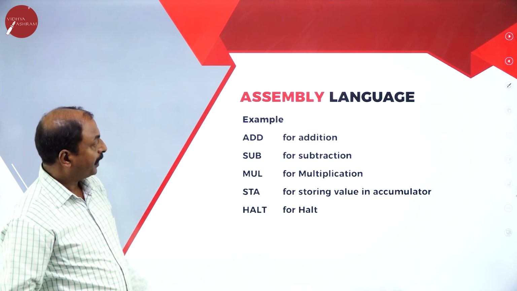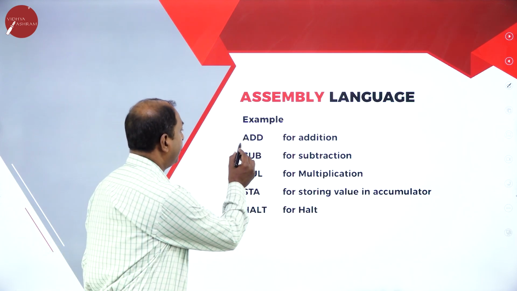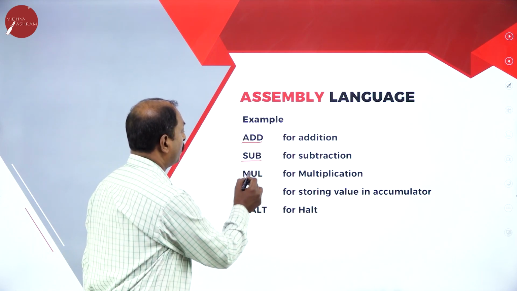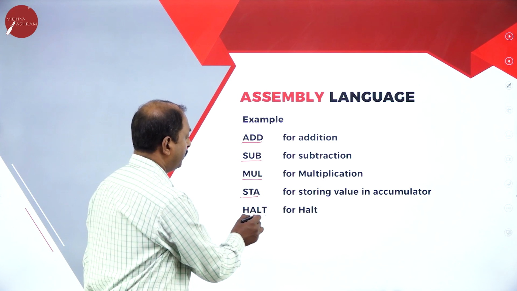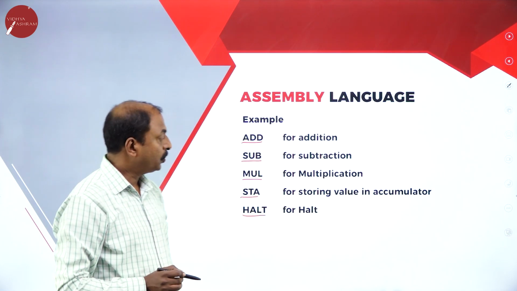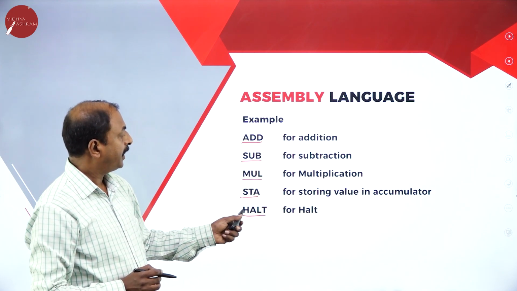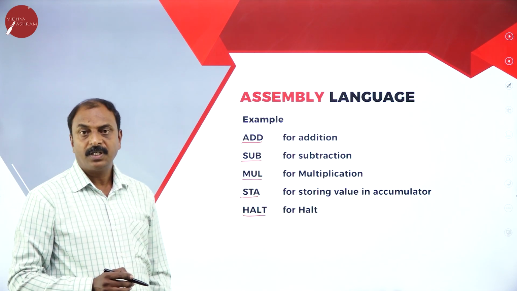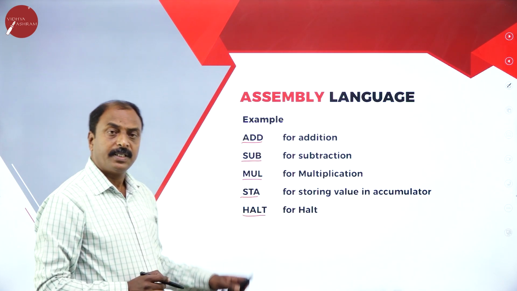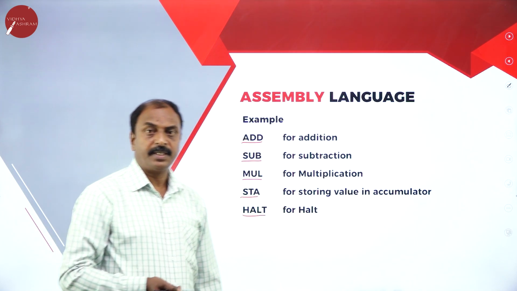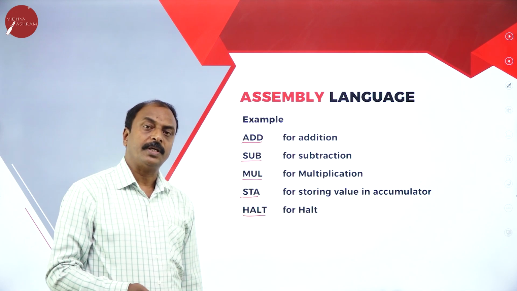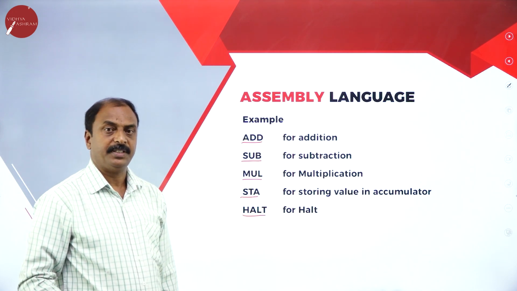Now look at the example here. We are using add. This is a mnemonic code. These are called mnemonics. This is assembly level language. So here we are using add for addition, subtraction, and all these are simple examples of mnemonics used in assembly level language.